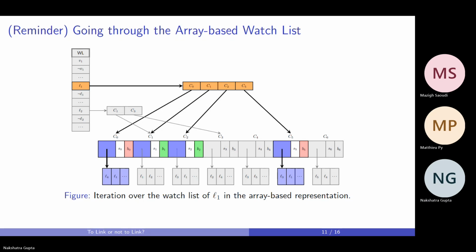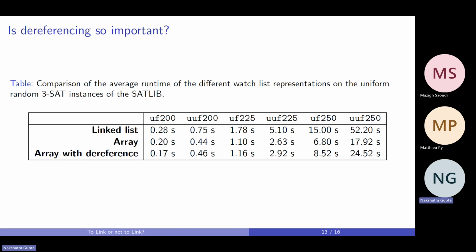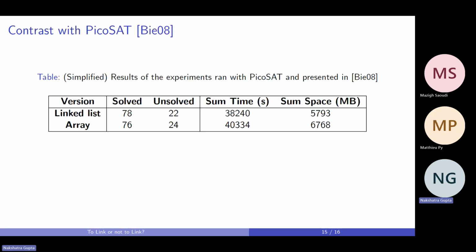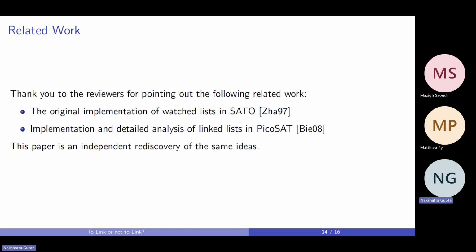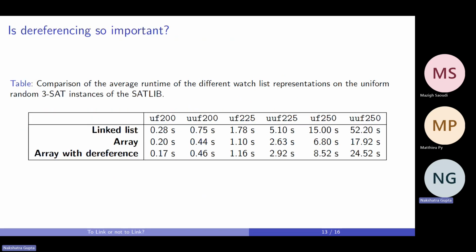All right. A quick question, Robin. You showed us a very small table of results, and I wonder how representative the benchmarks are. I will be completely honest. Those benchmarks are not great because I use 3-random SAT.